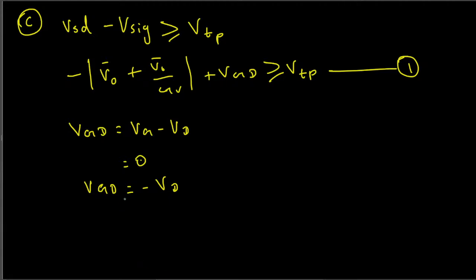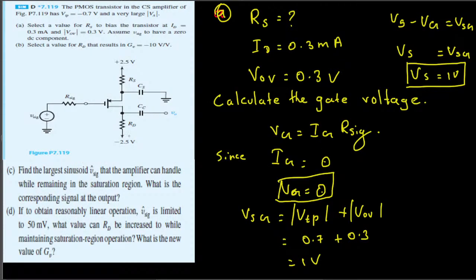Okay, so now we have this, and here we can solve for VD by applying Kirchhoff's voltage law at the drain. Here we have a minus 2.5 volt supply and Rd, and the current flowing through this Rd is Id, and the whole thing is equivalent to VD.